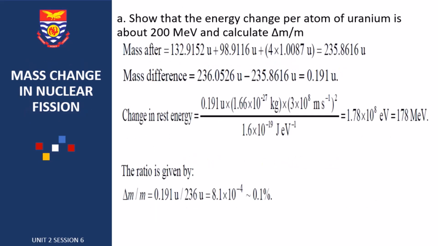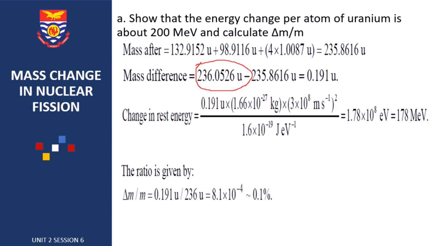So now the problem we have to solve is to show that the energy change per atom of uranium is about 200 mega electrovolts, and calculate the change in mass. To do that, we need the mass of all the atoms before the reaction, that's the mass of uranium plus the neutron, and that will give us 236.0526 U. And we also need the mass of the products after the reaction.